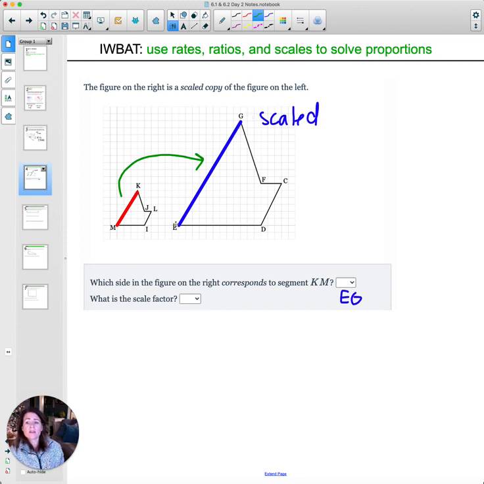So we're going to take this bigger measurement, and I'm going to count one of the flat segments to make it easiest. So 1, 2, 3. This one is 3 units compared to this one is 1. That's so much easier than trying to figure out the actual length of a diagonal segment that you would need to do the Pythagorean theorem for. So compare these two pieces. The scale factor here is 3 to 1.